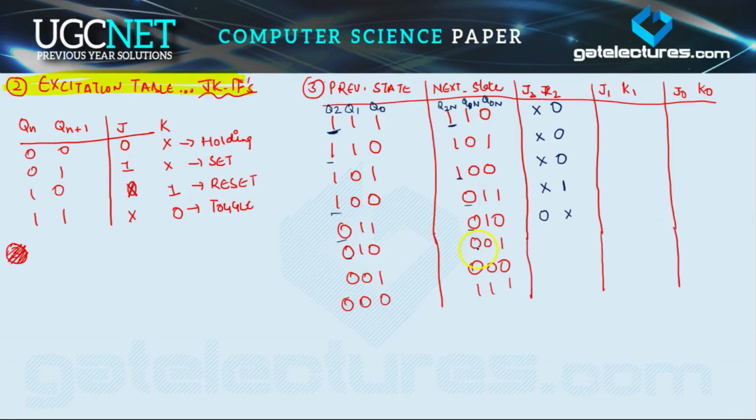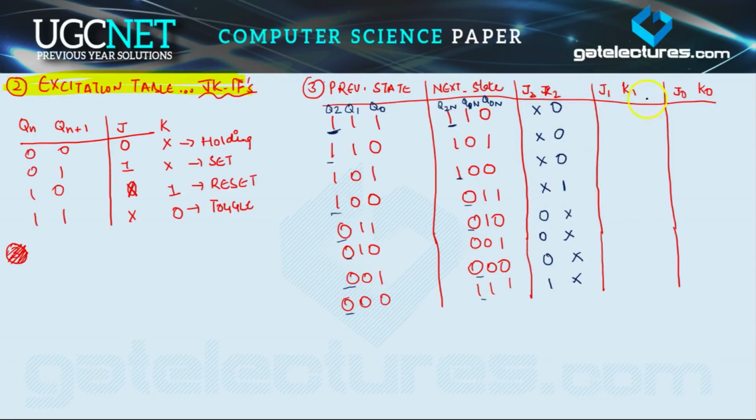So this is 0 and don't care, 0 and don't care, 0 and don't care, 0 and 1, 0 and 1. Previous state is 0, next state is 1, then the value of J and K is 1 and don't care. Okay, J2 and K2 values are finished.